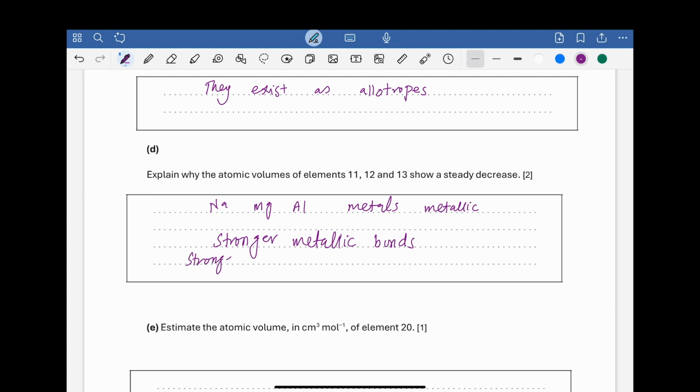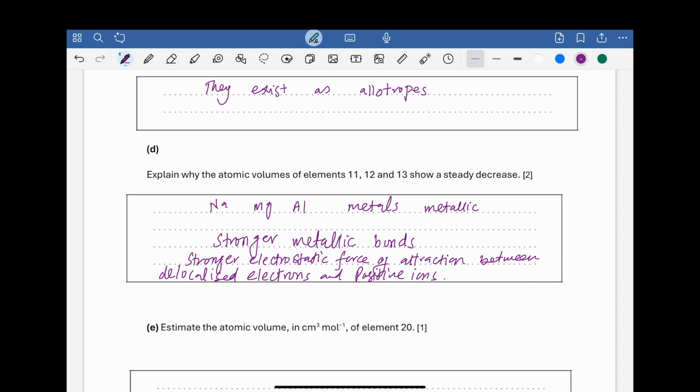So stronger metallic bonds, and the reason why is the stronger electrostatic force of attraction between delocalized electrons and positive ions.